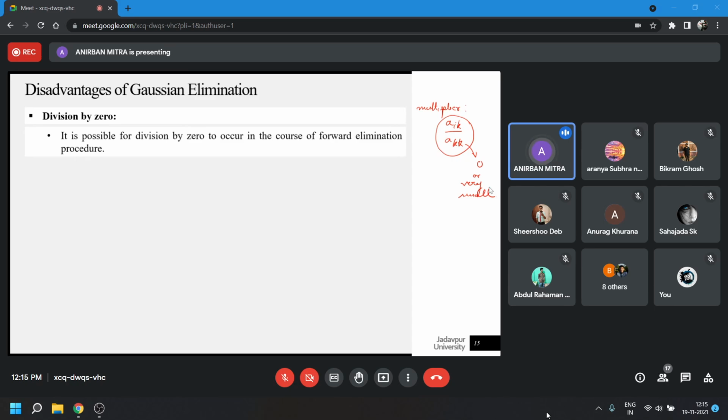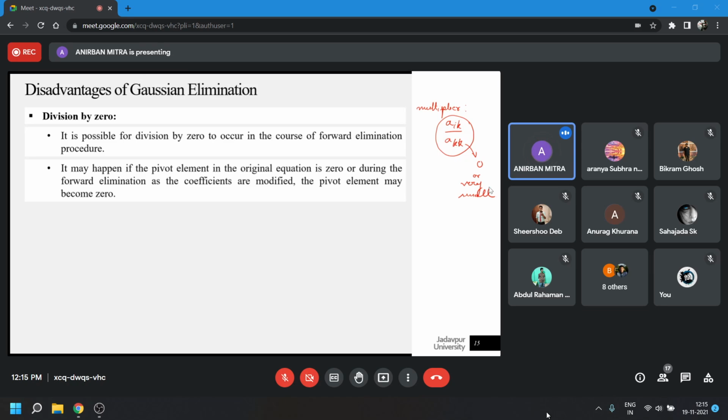So you can see here, it is possible for division by 0 to occur in the course of the forward elimination procedure. And it may happen if the pivot element in the original equation is 0, or during the forward elimination, as the coefficients are modified, the pivot element may go to 0. So there are two possibilities, and both would create the same kind of problem.